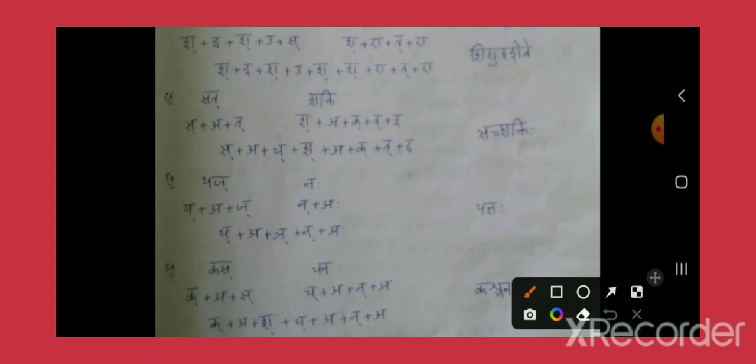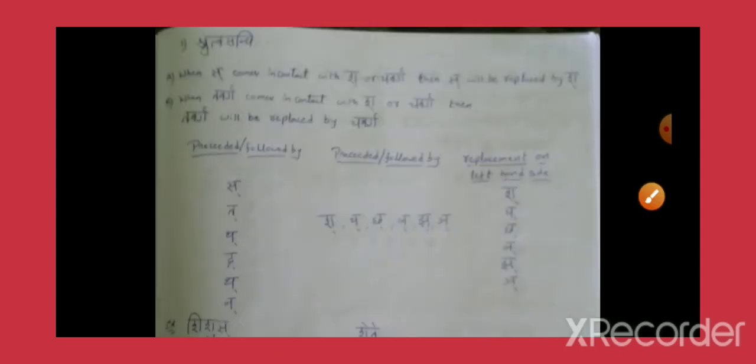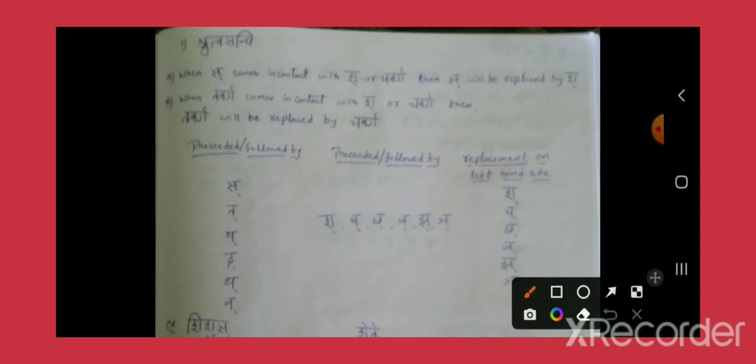These are the examples for this Schutva Sandhi. We'll see the definition once again. When Sakara comes in contact with Shakara or Chavarga letters, then left hand side replacement will happen. Sakara will be replaced by Shakara. This is the first case.